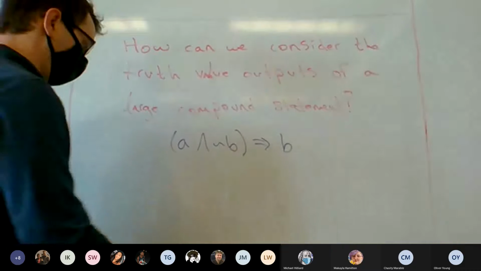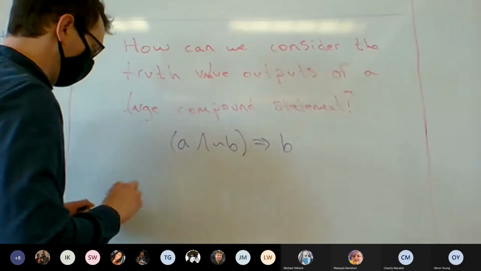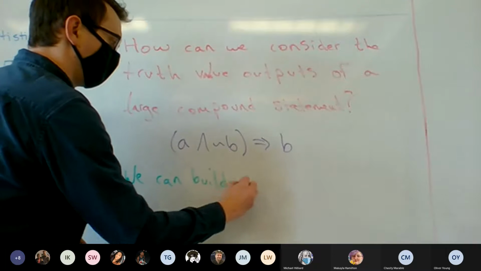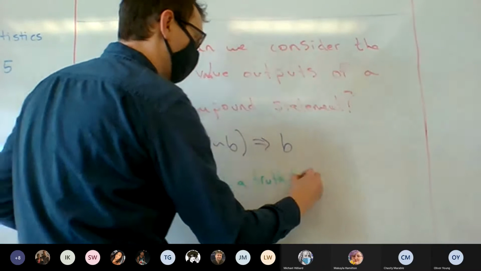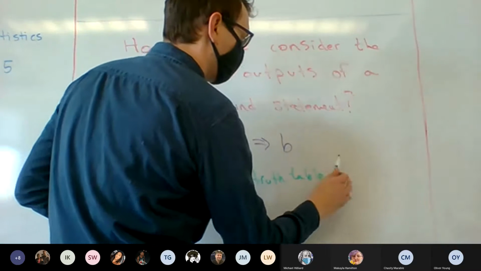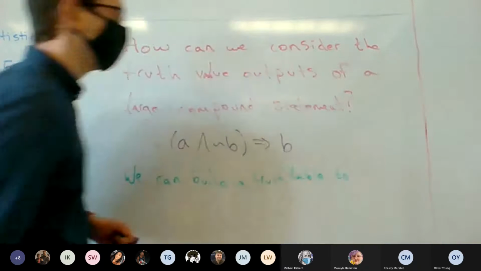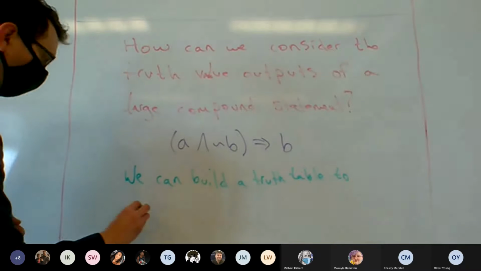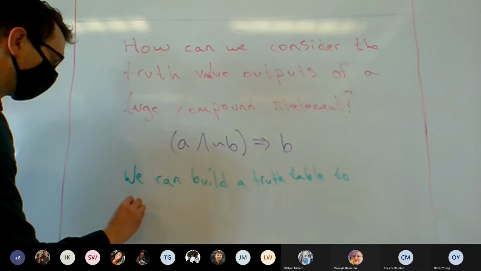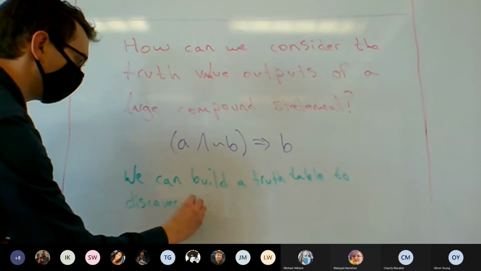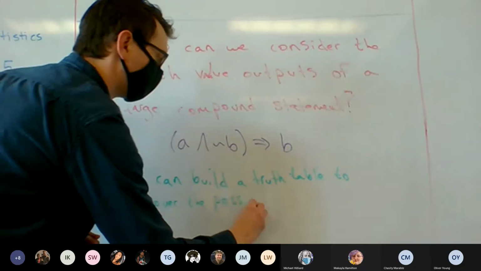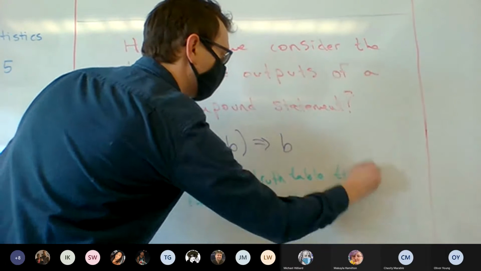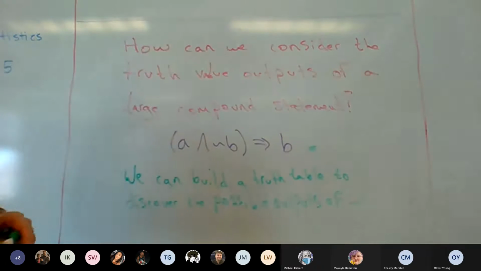So we'll build truth tables. We can build a truth table to discover the possible outputs of this statement and any other crazy statement I can come up with, right?